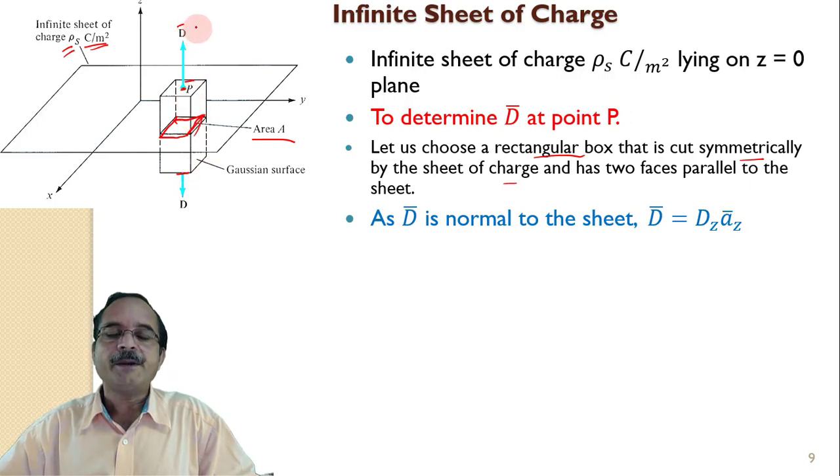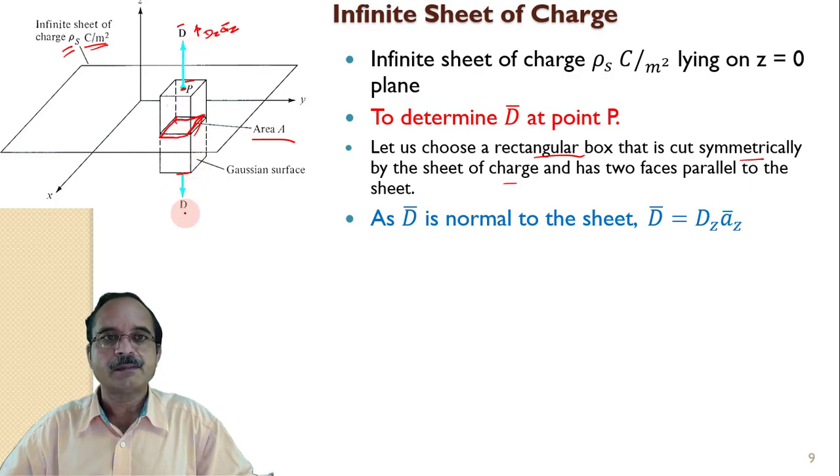At this point P, the electric flux density will be oriented in the z direction, that is Dz az. At the bottom part, it will be in the opposite direction. The magnitude will be the same and the direction will be opposite, that is minus az direction here. And on all other sides the electric flux density will be 0 because it gets cancelled because of the symmetry conditions.